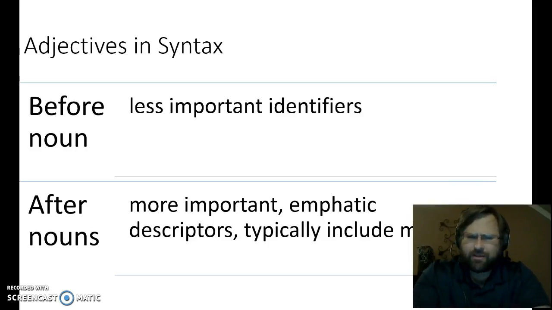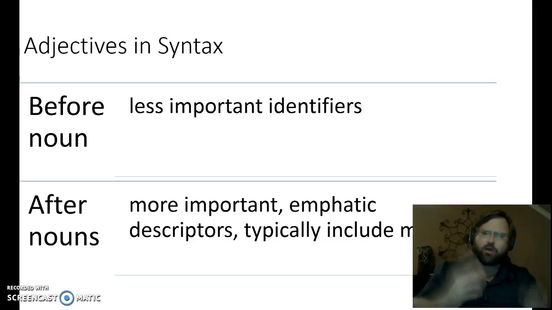It's also worth noting the syntax of adjectives. I know we haven't formally gotten to that part of the course, but adjectives can come before or after nouns in American Sign Language. When they're used in a way that's less emphatic, then they come before nouns, like adjectives usually come in English. So you could say it was a nice car, a pretty car, a fast car.